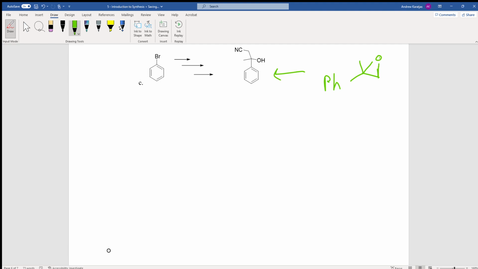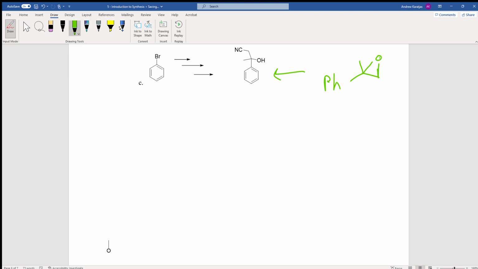What if we had an epoxide? An epoxide, we know that if we open it up, will give us an alcohol, plus also adds whatever functional group we've added.